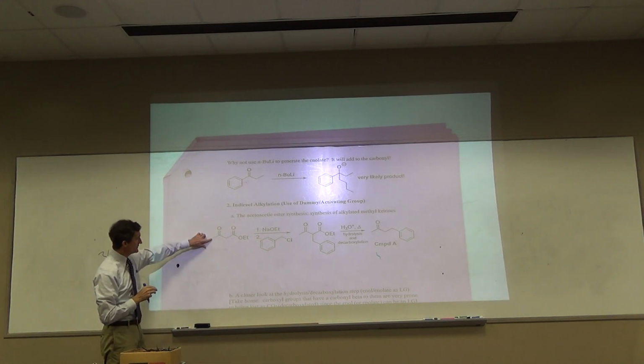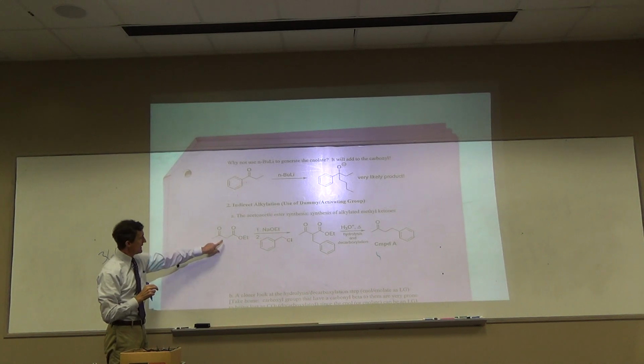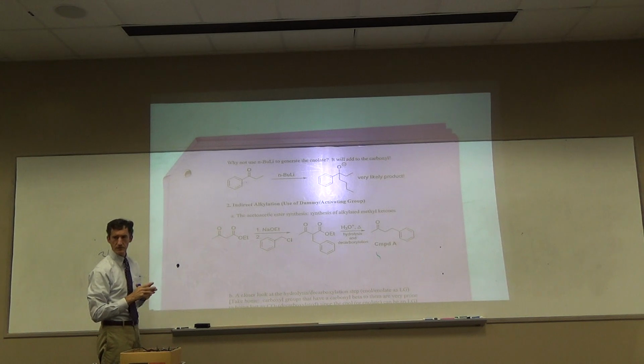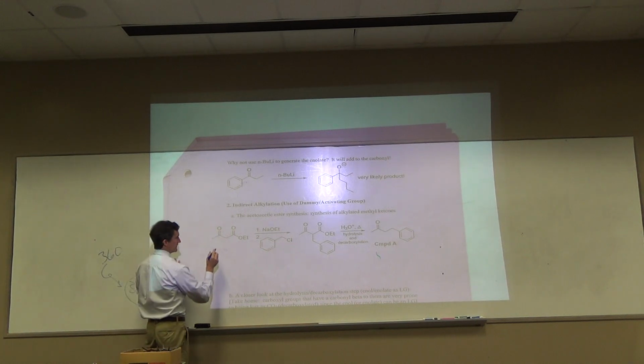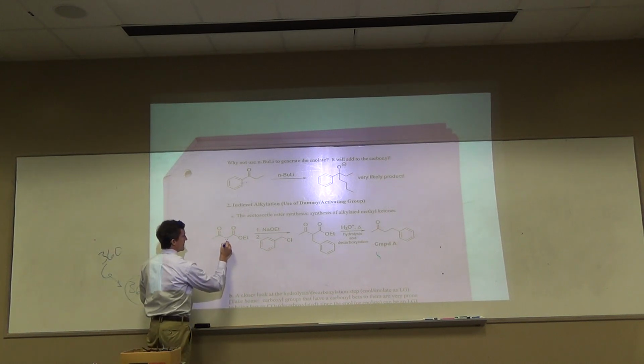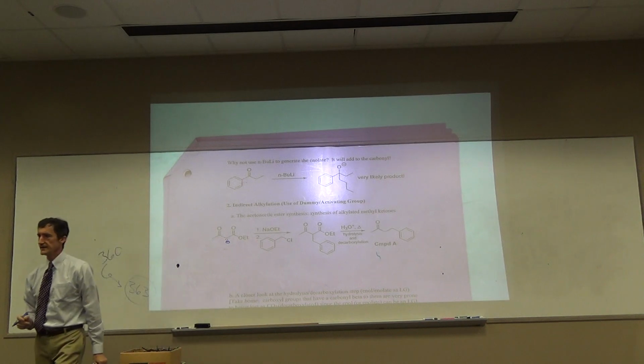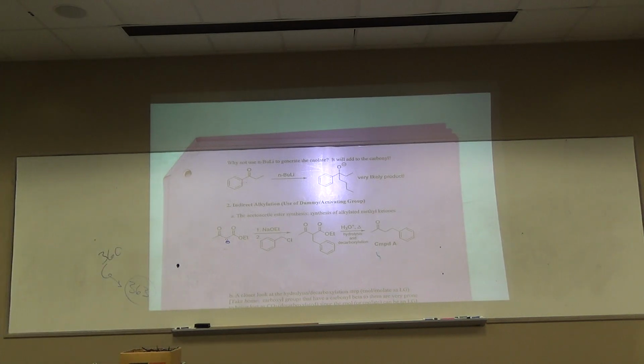You got alpha H's here. And here it's alpha to 2 carbonyls. What's most acidic? There's the best place to make anion. It's going to be stabilized not by resonance into 1 carbonyl, but resonance into 2 carbonyls. You can show 2 additional resonance structures of that.